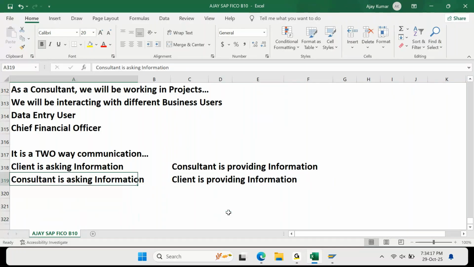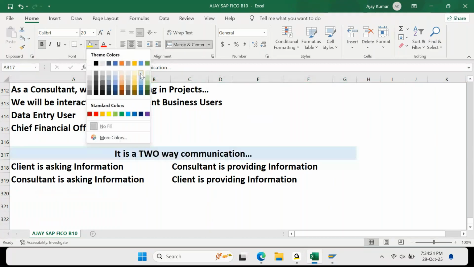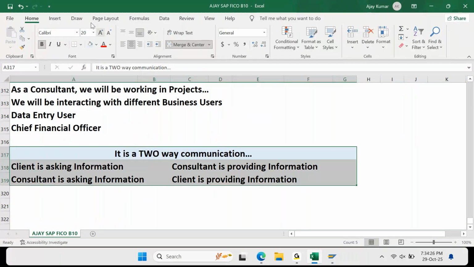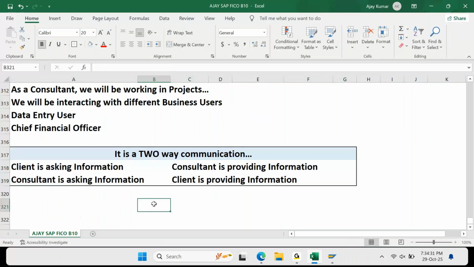Now, as a consultant, you are in one position or in two positions? Two-way. As a consultant, you are in two positions, right? Meaning you should be one way or two way? It should be two way, right? You'll have to be in two ways, meaning you need to understand, if I'm talking to a business user, if I'm talking to a client, am I confident enough to handle it?